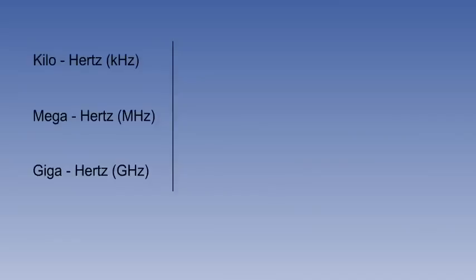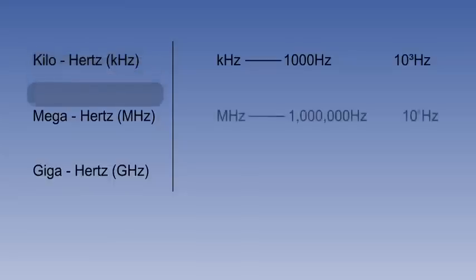Because these figures for radio wave frequencies are always so large, they are expressed in a more convenient way as kilohertz, megahertz, or gigahertz. Kilohertz are units of 1,000 cycles per second, that is, 10 to the power of 3. Megahertz are units of 1,000,000 cycles per second, that is, 10 to the power of 6.